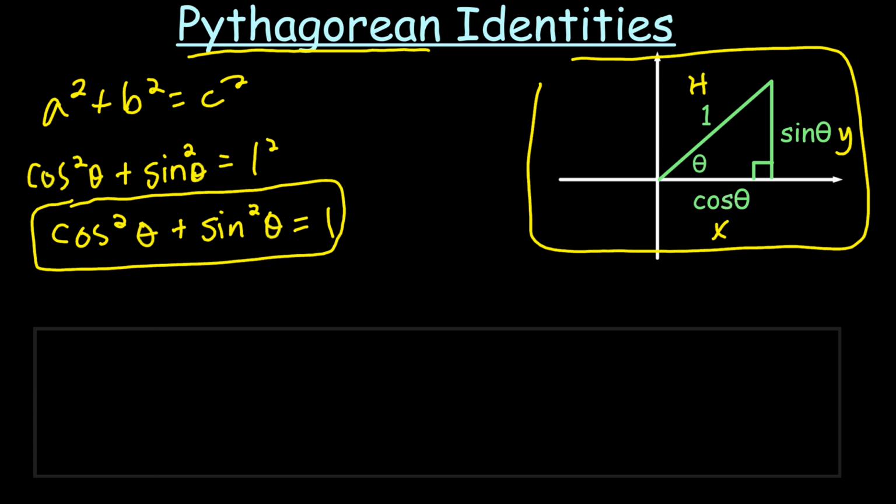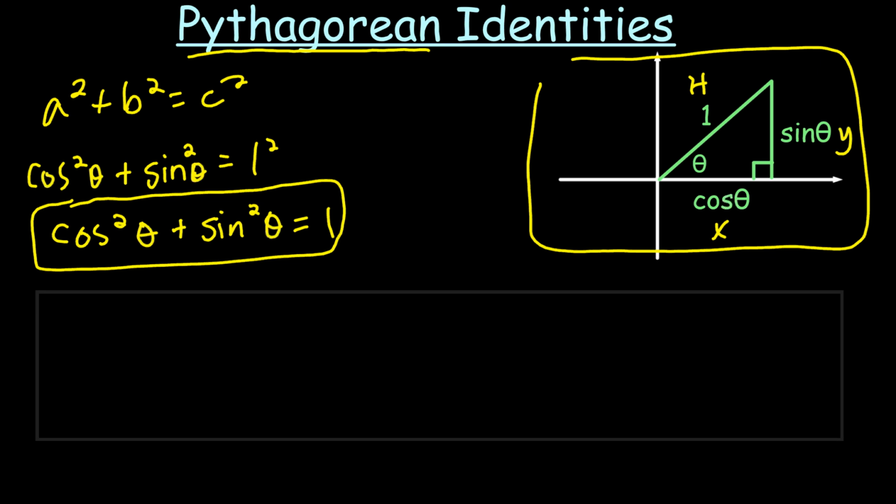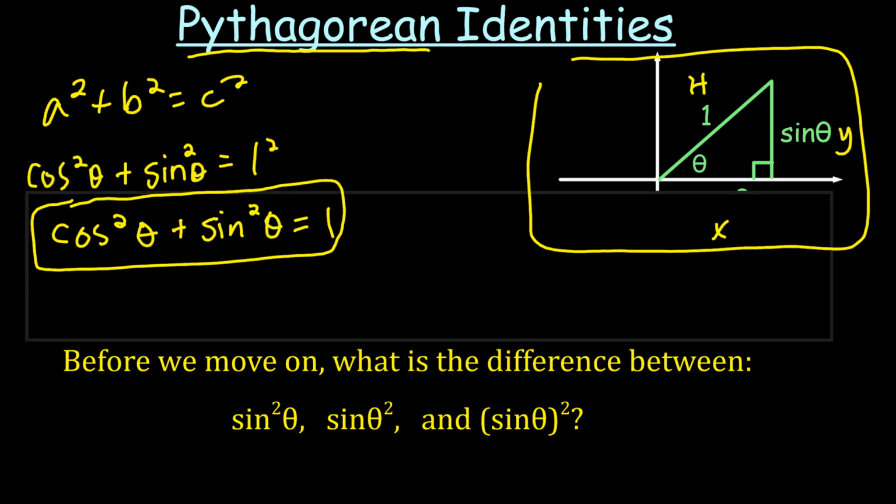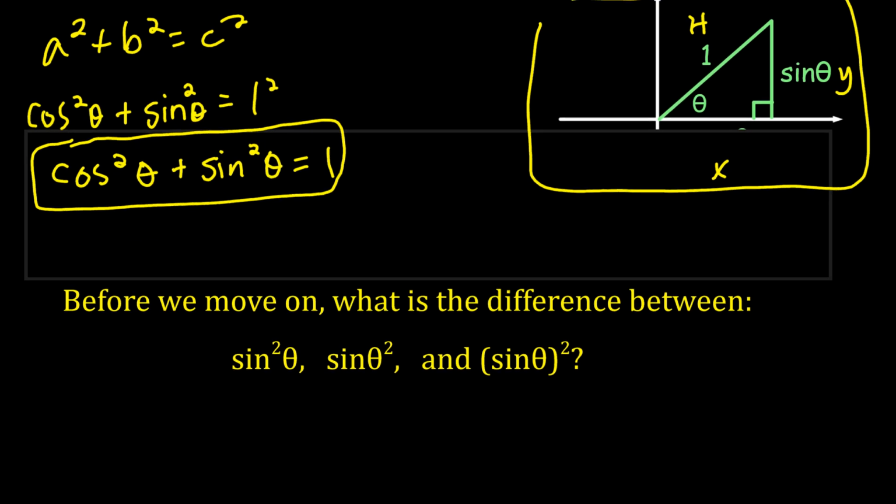I want to talk briefly about something that came up here. What's the difference between sine squared theta, sine of theta squared, and sine of theta in parentheses squared?